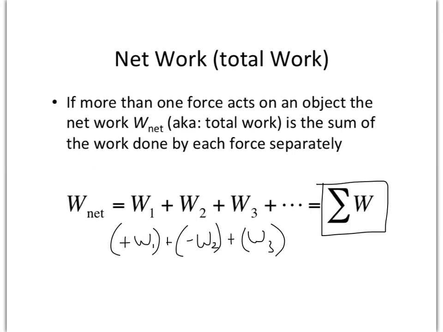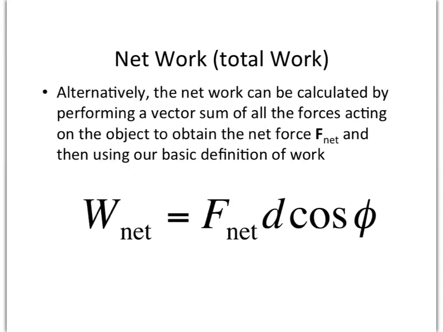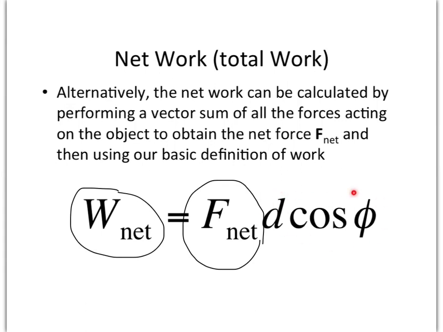There's an example that I had flashed up there for just a second that I'm not going to do in this video. I'm going to save that for a separate video as well. But the point of that, and I'm going to give you this first, is this idea: the net work on a system is really the net force on a system times our displacement times the cosine of phi right there.